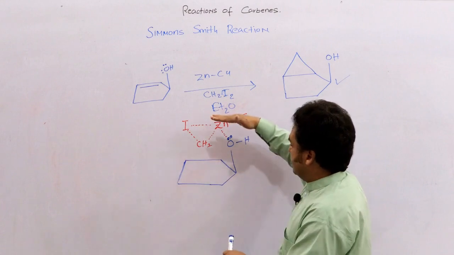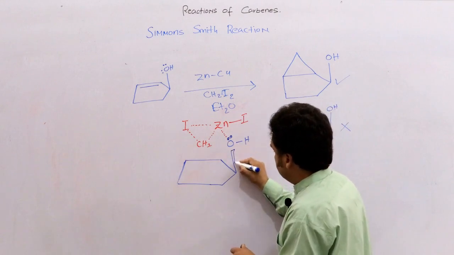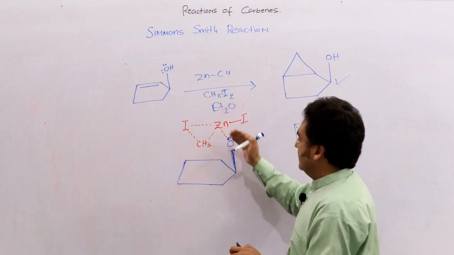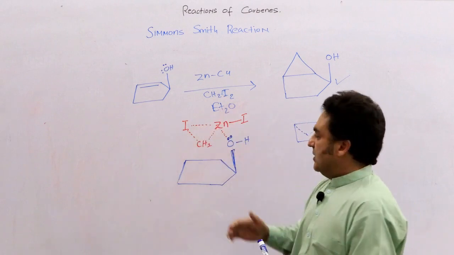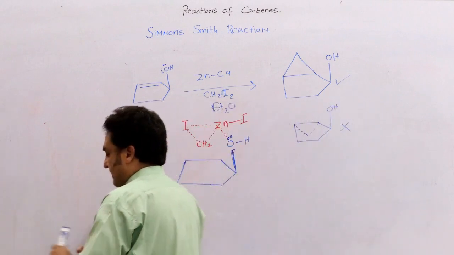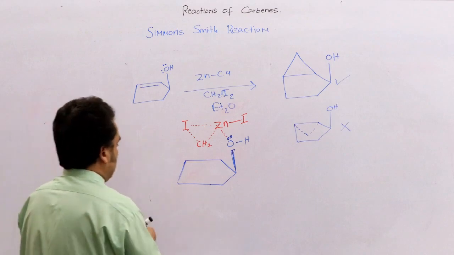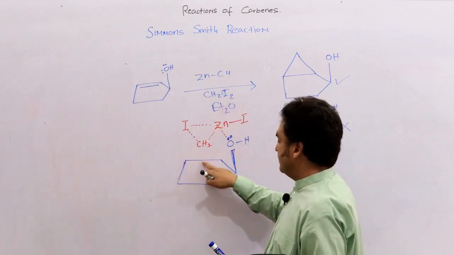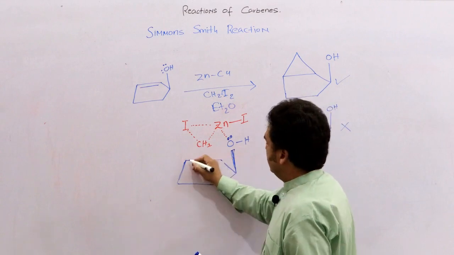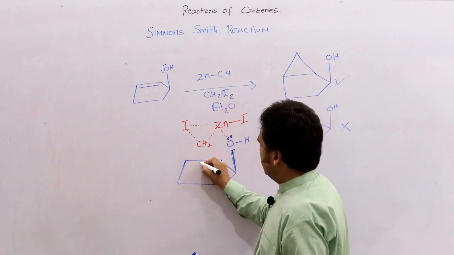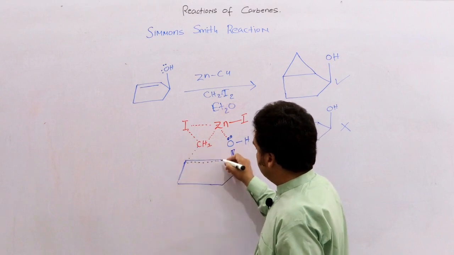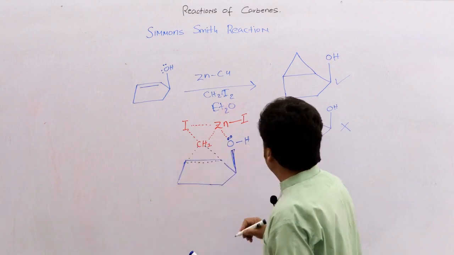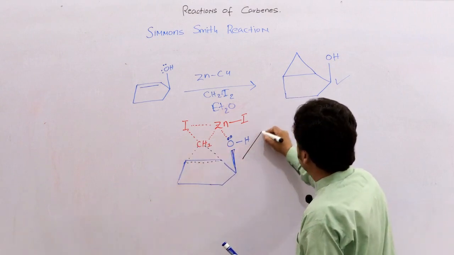So the whole complex is now above, and it will deliver the CH2 from the above side. This was a double bond previously. In the transition state, the sigma bond will remain, and the other bond will start breaking, and ultimately we will get this product.